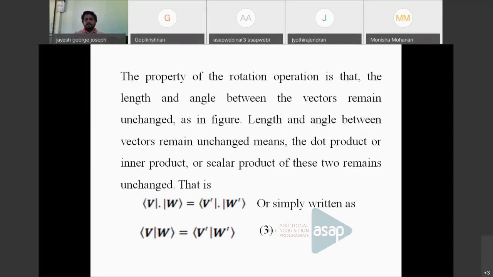In this way we can write the vector v dotted with w is equal to the transformed vectors, v prime dotted with w prime.